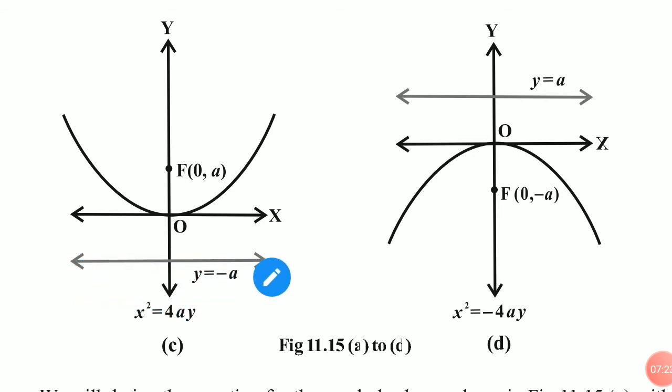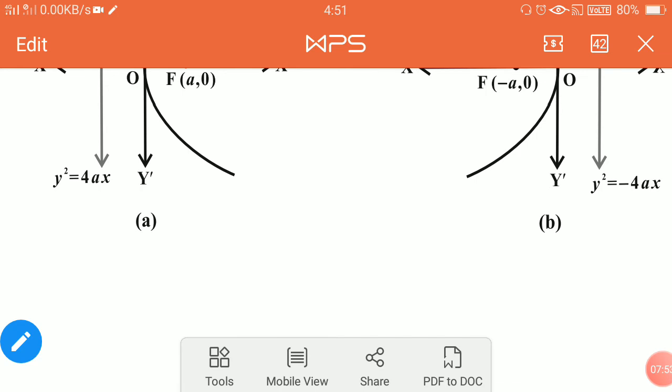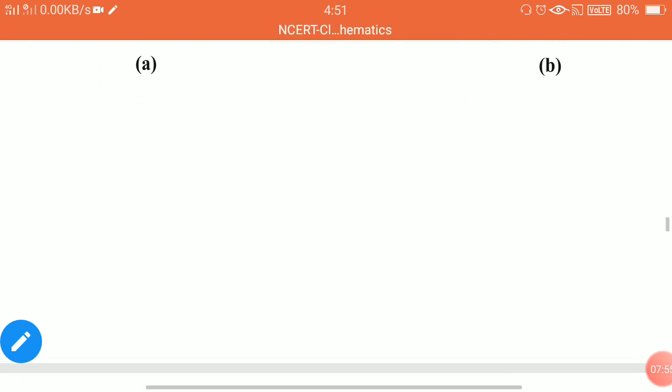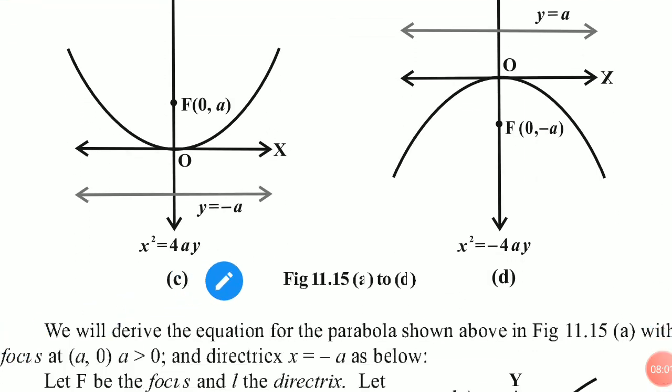This is the equation of this directrix, at the same distance from the vertex as the focus, these distances are equal. So what is the equation now? For this parabola, x and y will reverse. Here y square is equal to 4ax, now it becomes x square is equal to 4ay.